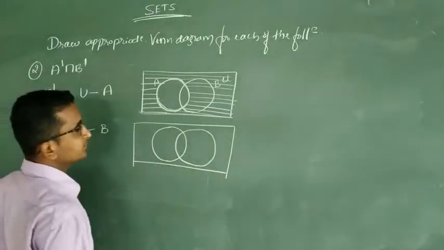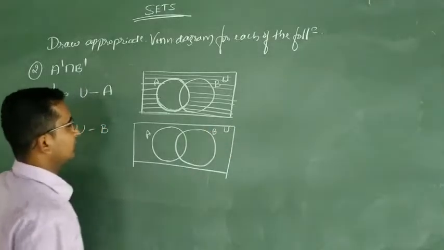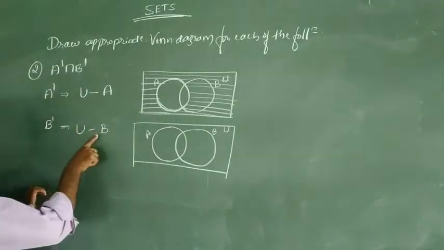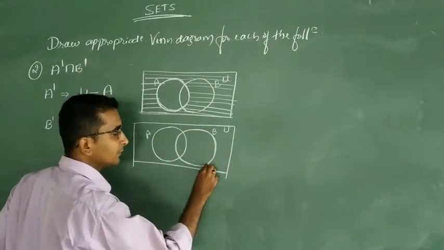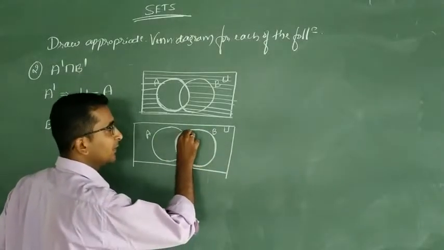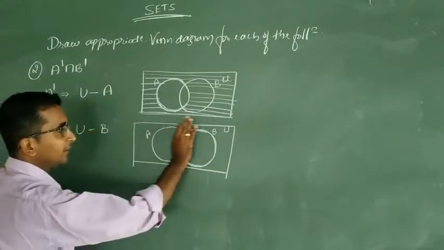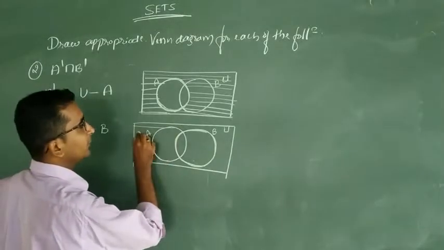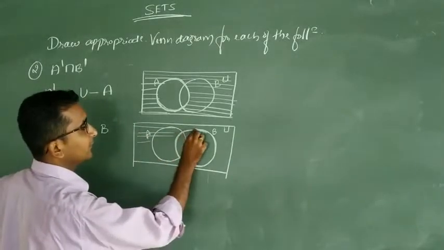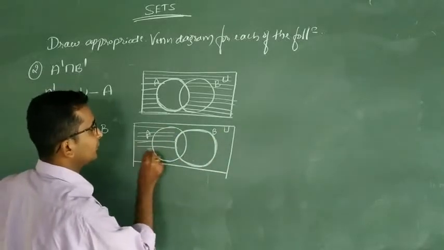So this is A, this is B, this is the universal set. So for set B, the elements which are present in U but not in B. Except this set B, we have to fill the remaining region of this diagram. Except set B, the remaining is nothing but the universal set.